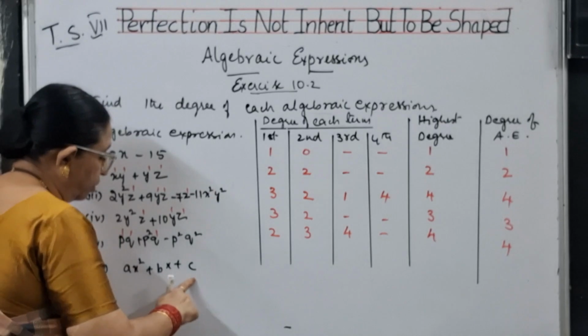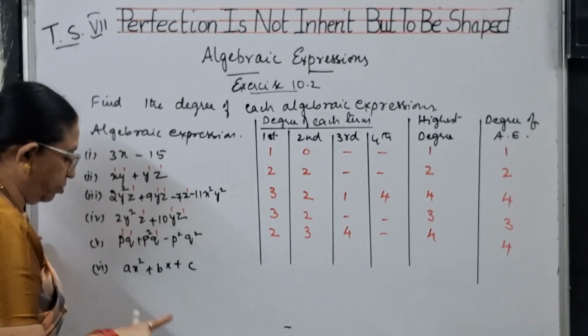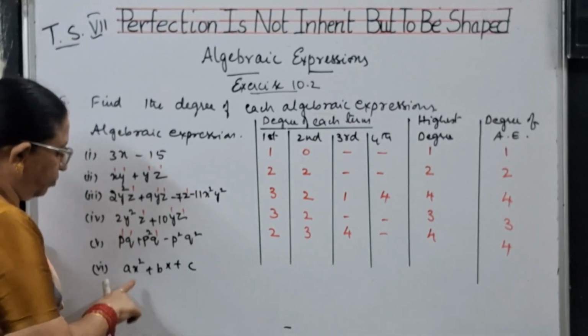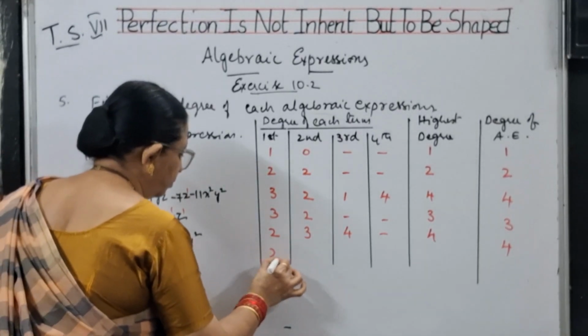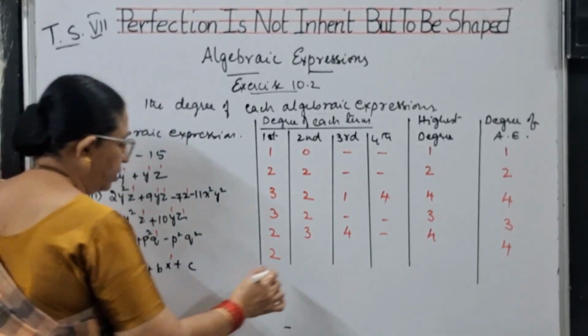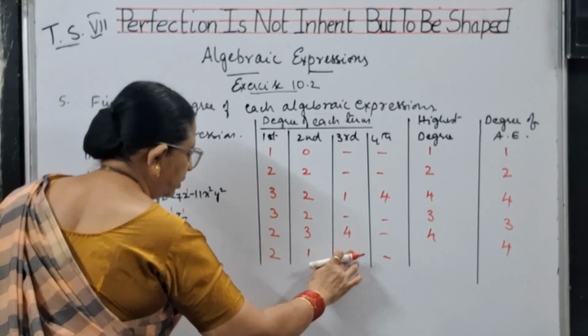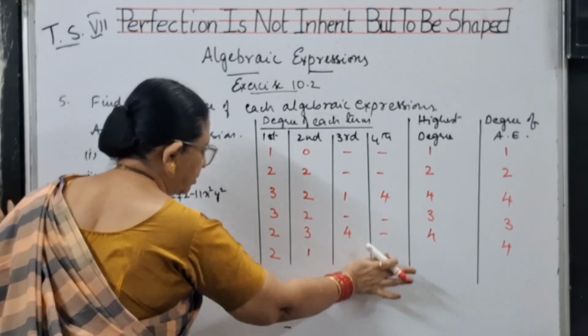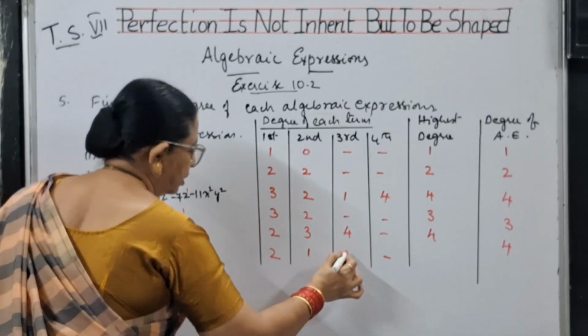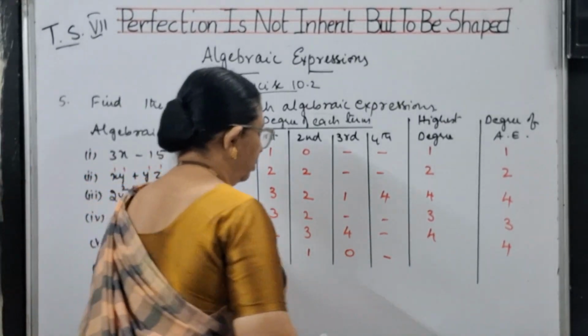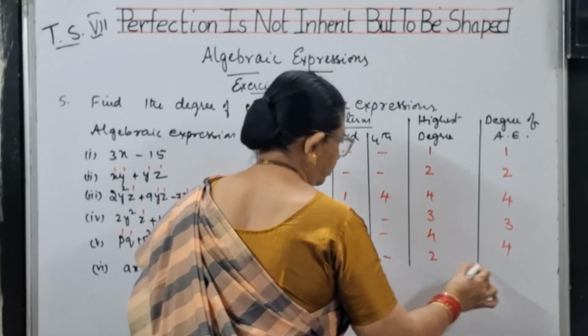Even though you have got them here, don't consider them as variables. So you have to consider only x. The first one is having 2 and the second one is having 1. And the third one is a constant term, so it has got 0 as the degree. So out of these three, the highest degree is 2.